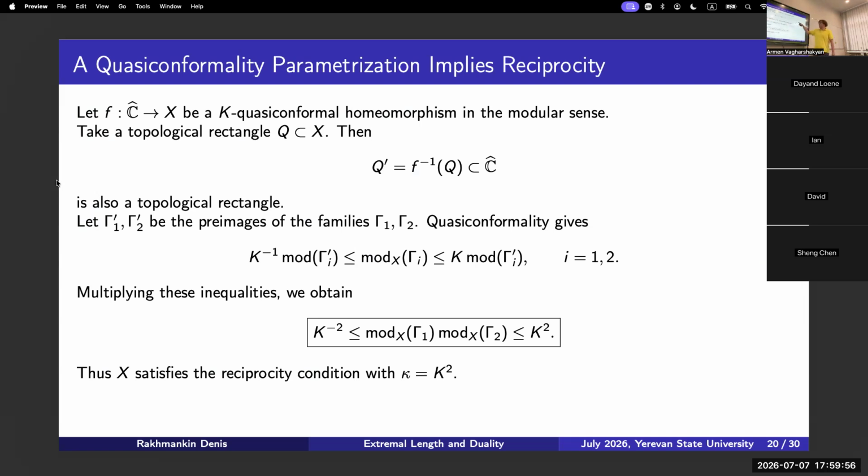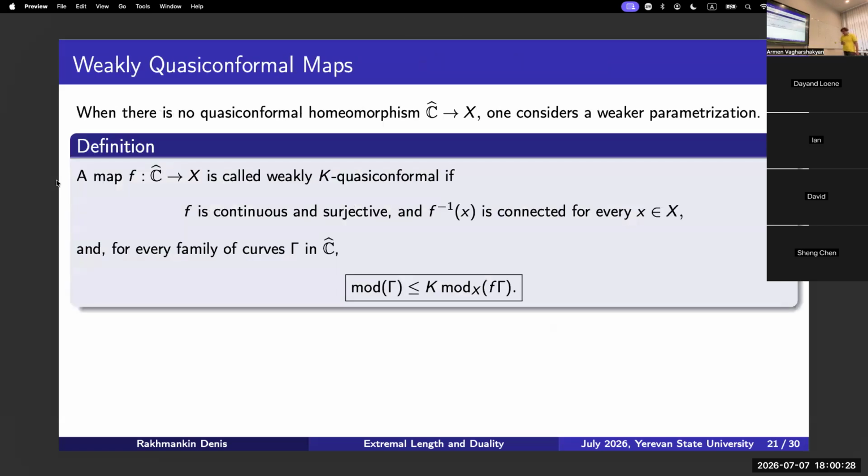Quasi-conformality gives us such an inequality by definition. We may multiply these inequalities, and the product of the two moduli is equal to 1, because of the duality on the Riemann sphere, and we have the reciprocity property. That's the key idea of the theorem, so I don't want to spend a lot of time proving it.